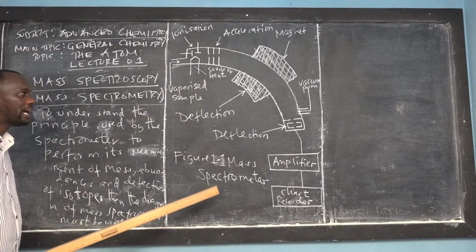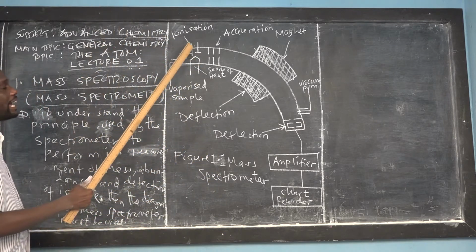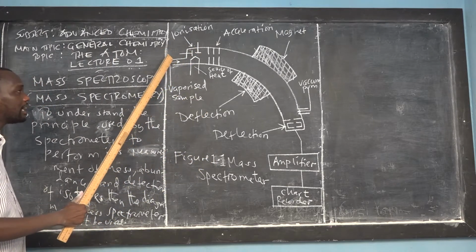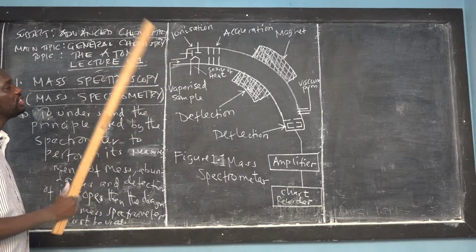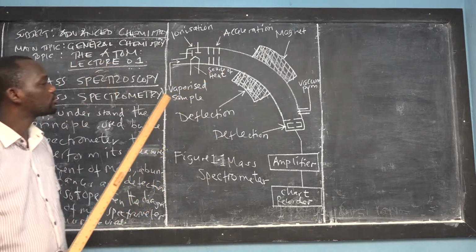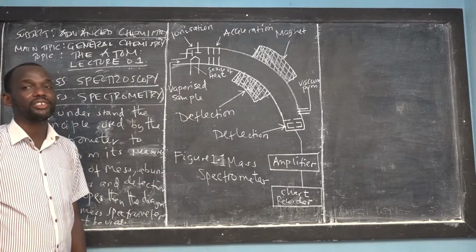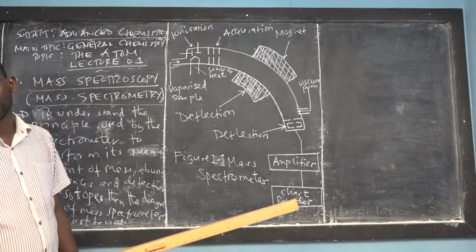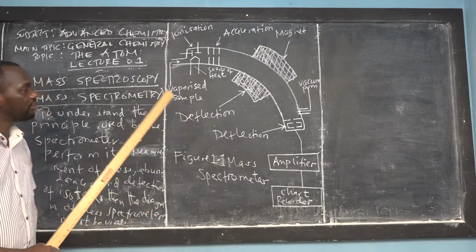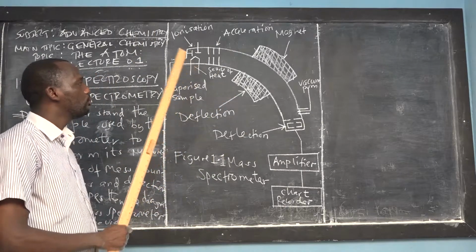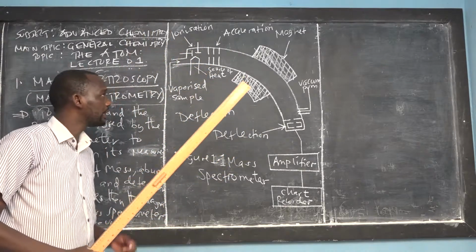A lot of things will happen, but in brief, in this ionization chamber, the vaporized sample is going to be given ionization energy. If the sample has to lose 1 electron, then it will be given the first ionization energy, as I will teach you in energetics or in thermochemistry. If the atom is going to lose, or it has a tendency of losing 3 electrons, right?